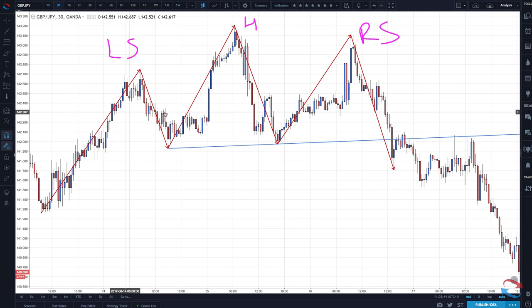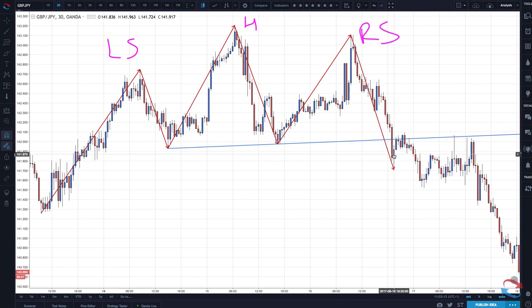So if your risk was a bit too much, what you may want to do is look for a retest of the level and look for some sort of bearish price action. And as you can see, you had 1, 2, 3, several chances to get short on the retest of the neckline.